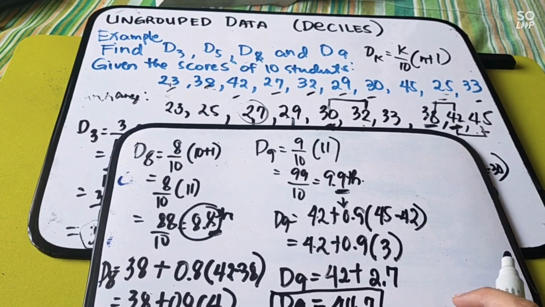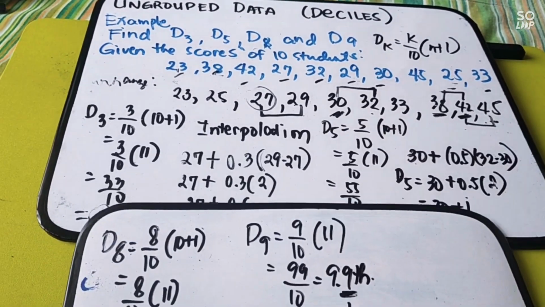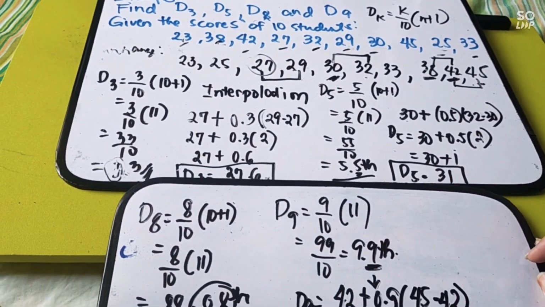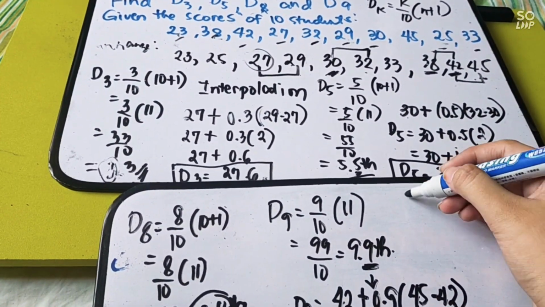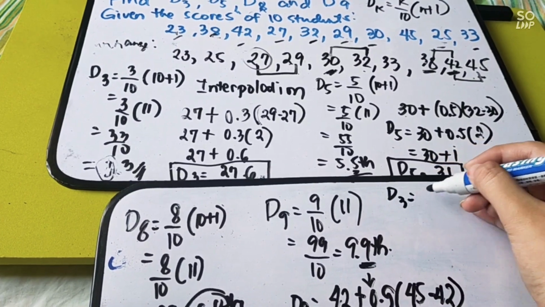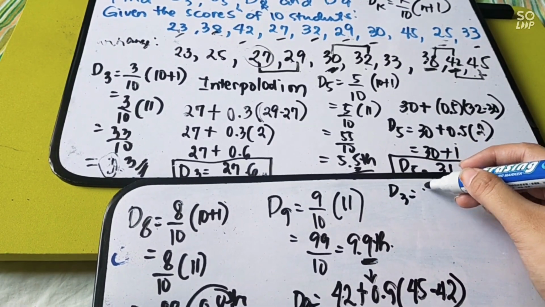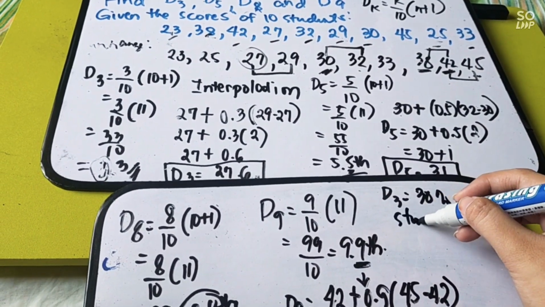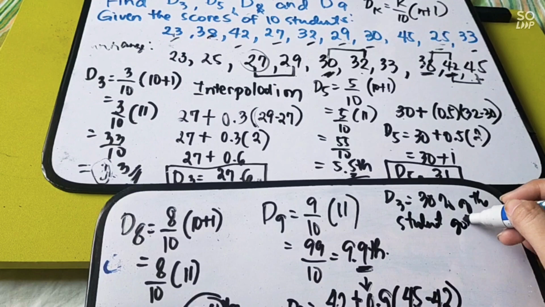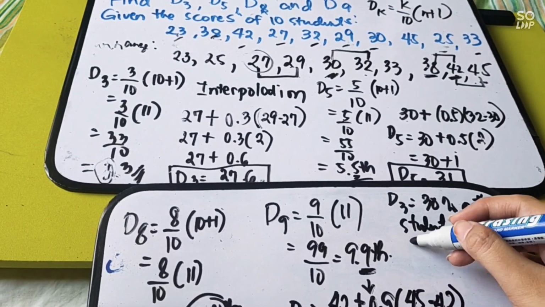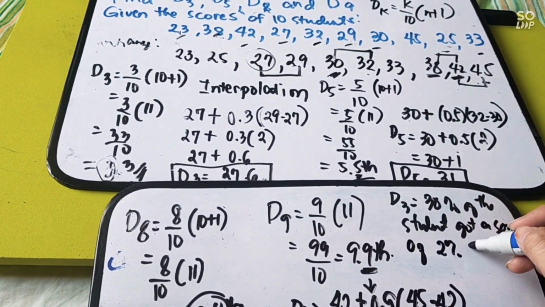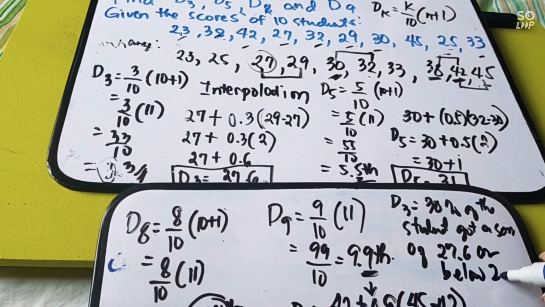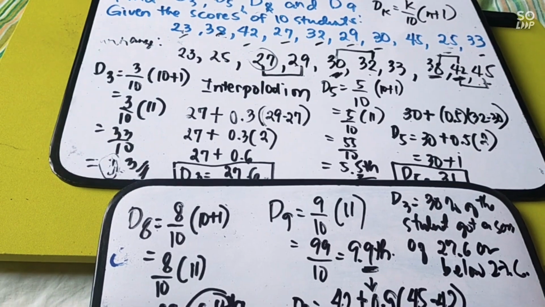Then, kapag siya ay interpret mo, for example, we have here decile 3, let us interpret this one. So, meaning, for decile 3, it means that 30% of the students got a score of 27.6 or below 27.6. Ganun lang kasimple.